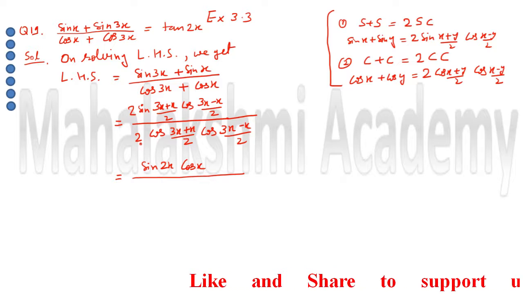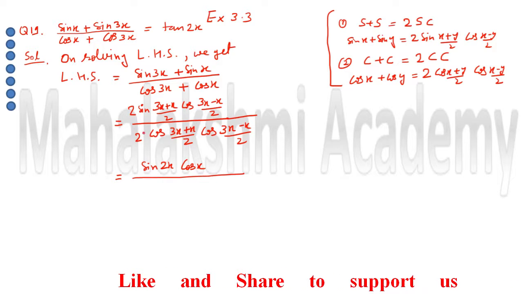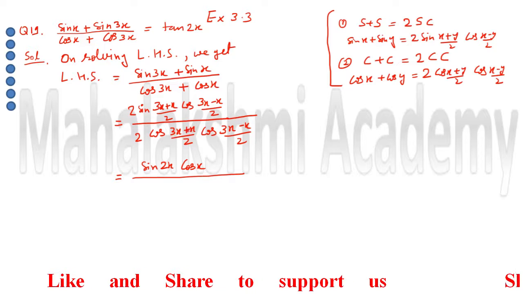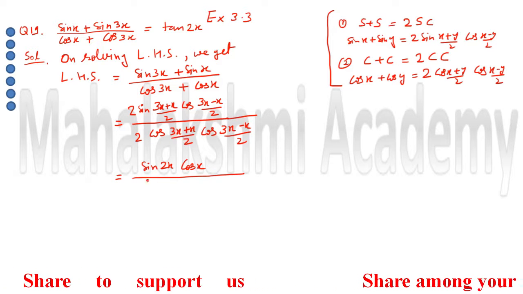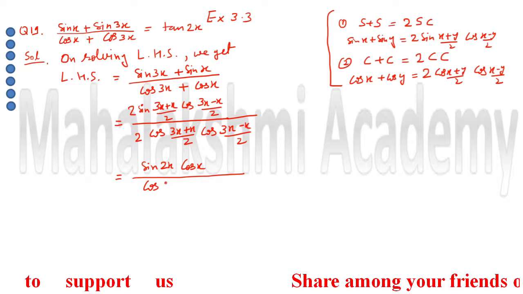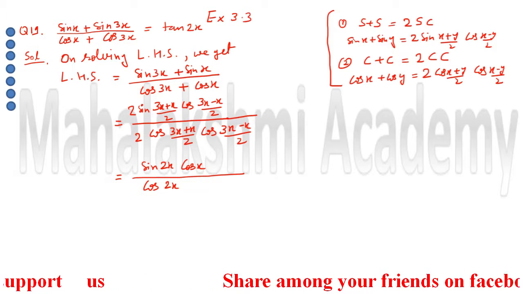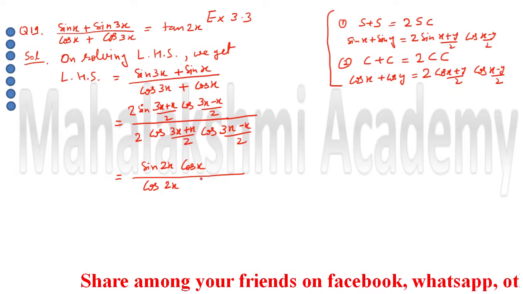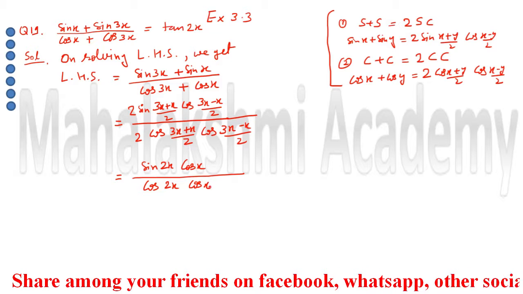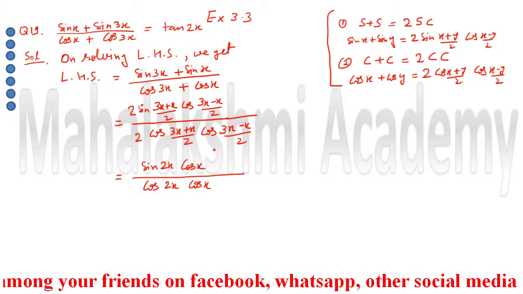In the same way down, this 2 already gets cancelled. Here we will get cos 2x because 4x divided by 2 is 2x. And here again 3x minus x is 2x, 2x divided by 2 is x. So we will get only cos x. Now this cos x and cos x will cancel each other.